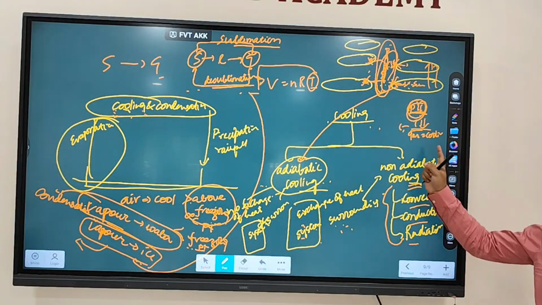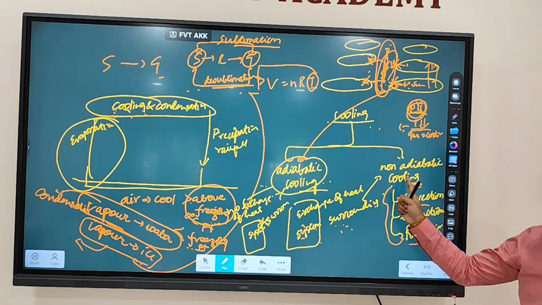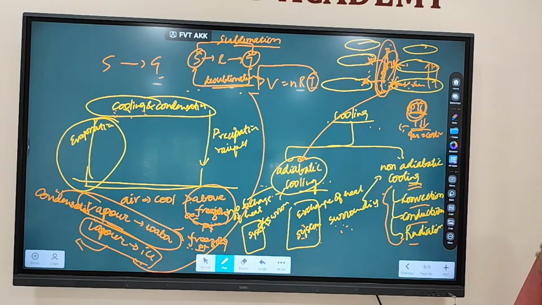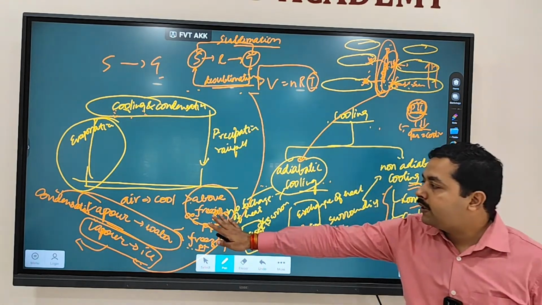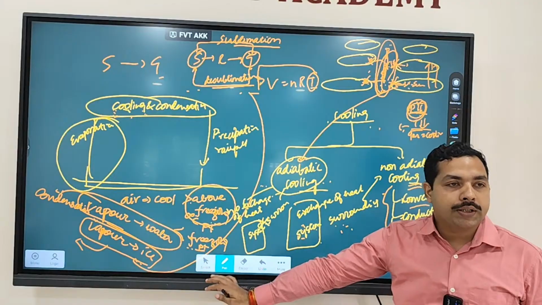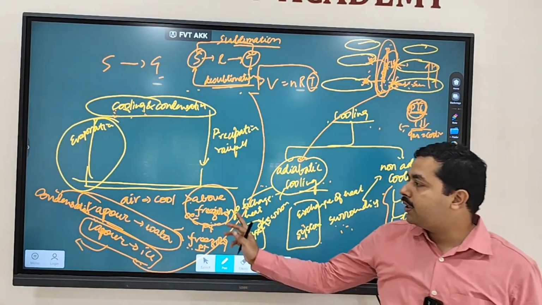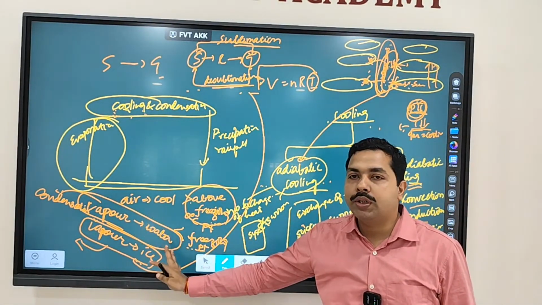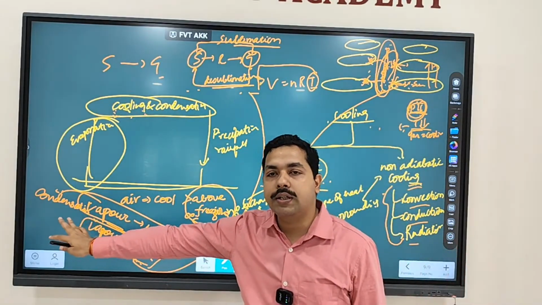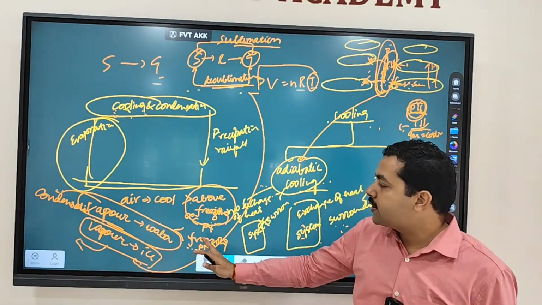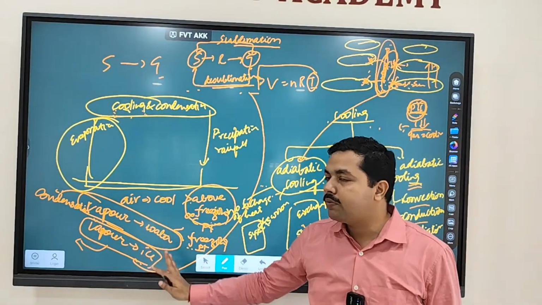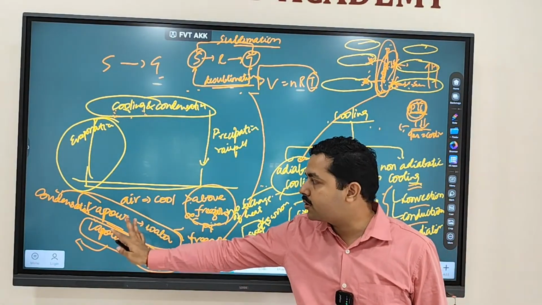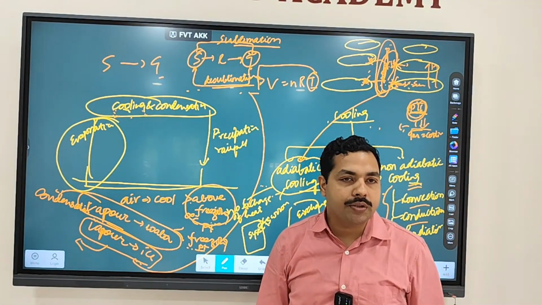Clear? And there will be exchange of heat between system and surrounding in non-adiabatic cooling. So cooling can happen either above freezing point or below freezing point. If it is happening above freezing point, vapor will convert into water and this process is referred to as condensation. If it is happening below freezing point, then vapor will directly convert into ice and this process is referred to as desublimation. Fine.